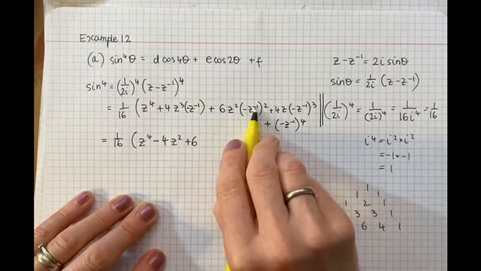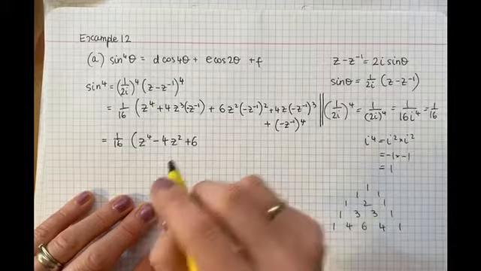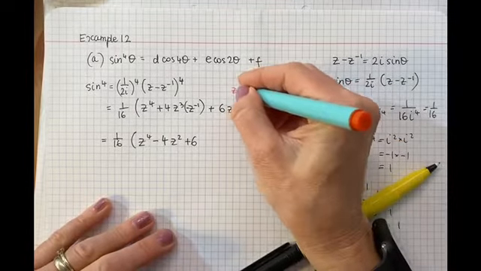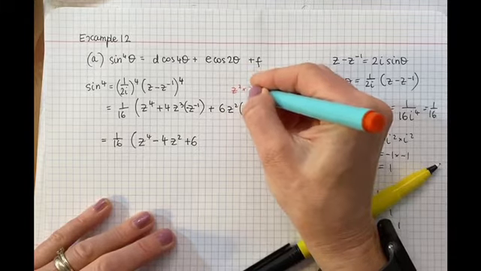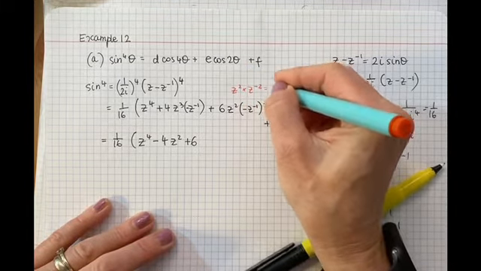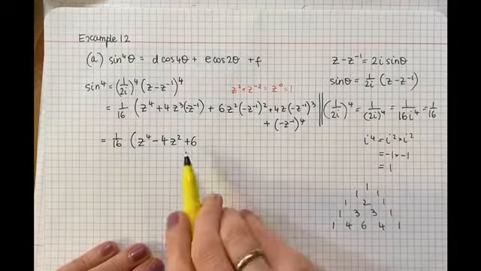Squared and minus 2, add them two together and you are going to have z to the power of 0. Let me just write it down. You will have z squared times z to the power of minus 2. So that must be z to the power of 0, which is 1. So that will give us 6.